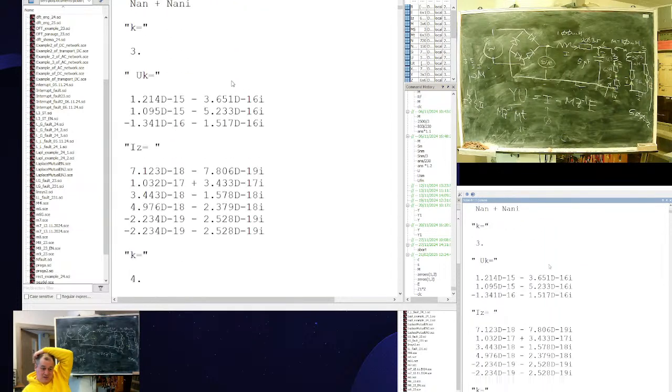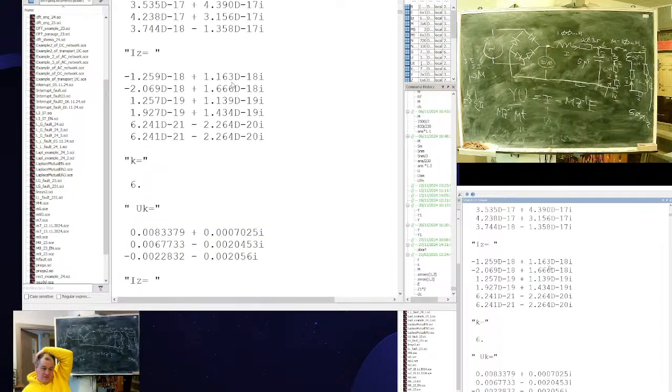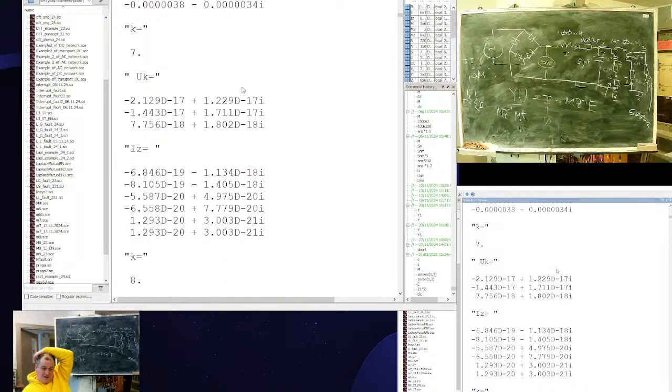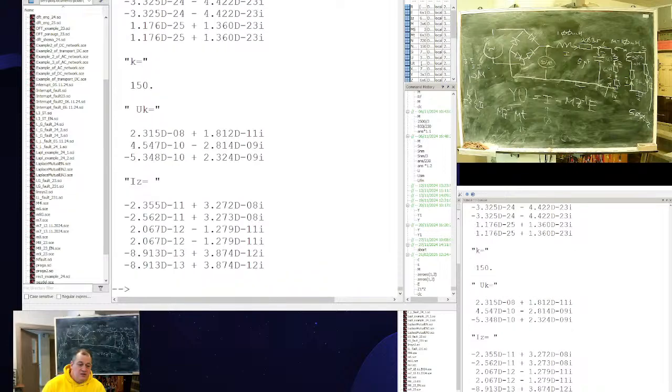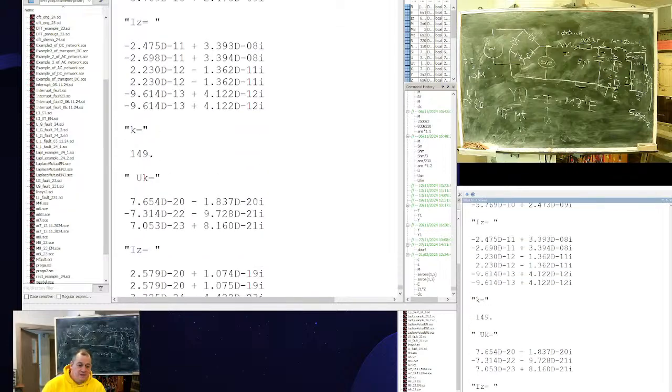First 0, not a number. 4, not a number. That's not good. This calls the internal Gauss solution. This is called for.